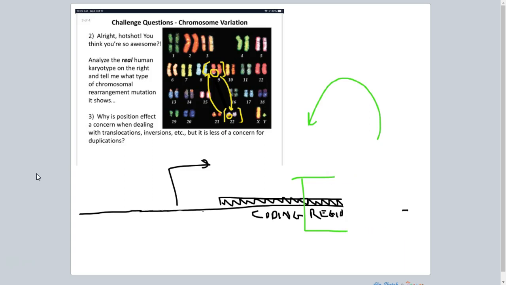Let's invert this region. So I think I've got it there. And I'll even do this just to drive home exactly how bad that is. So that's the inversion. Again, the dotted line represents what we started with.